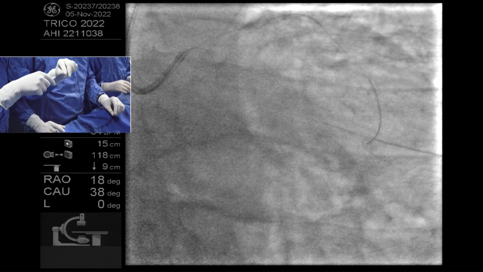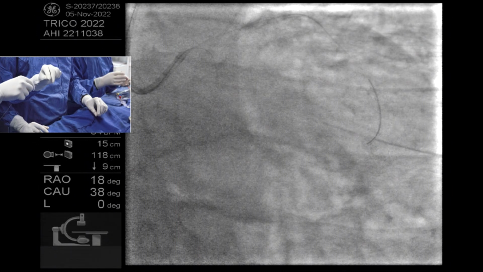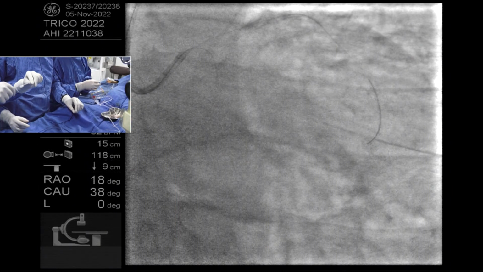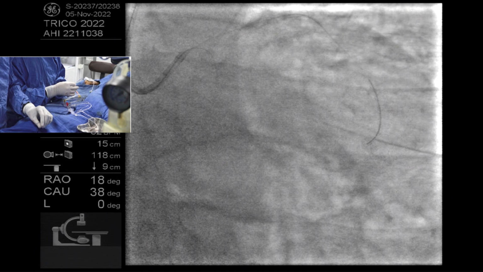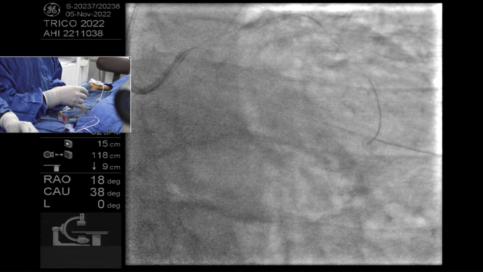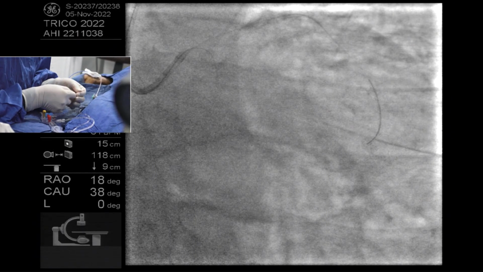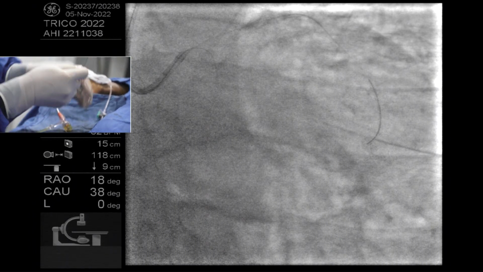So the balloon is blocking the distal lumen. Exactly. And then by prolapsing the wire in, negotiate your OM2 side branch. Okay.